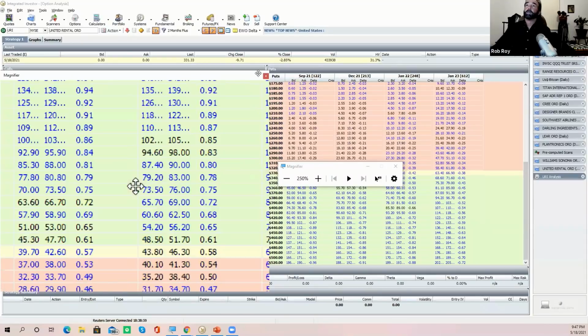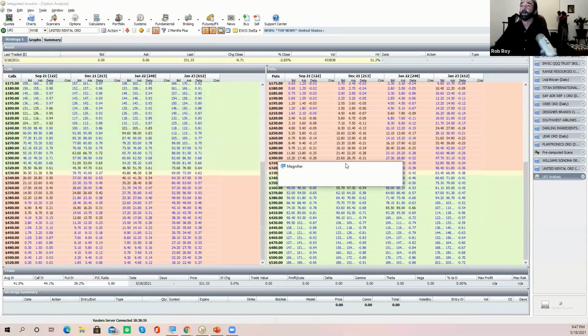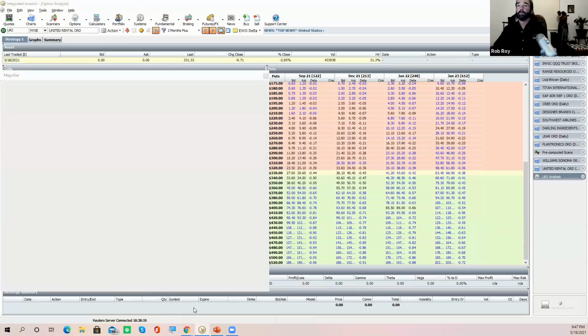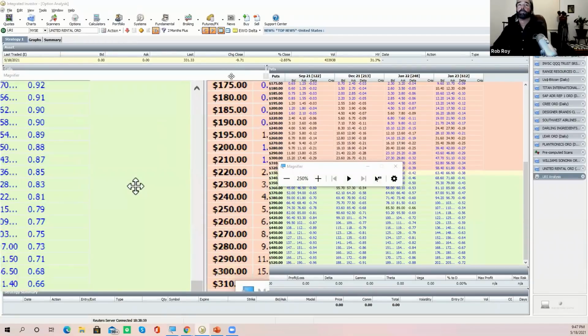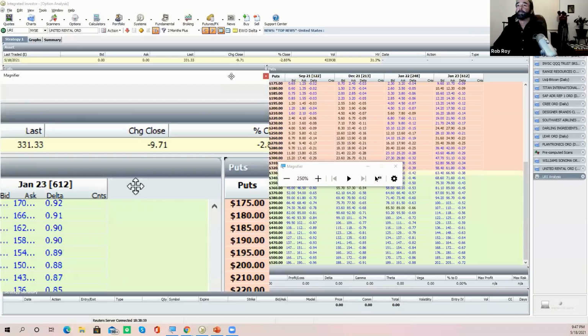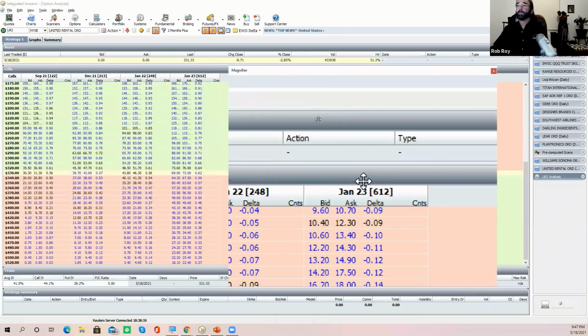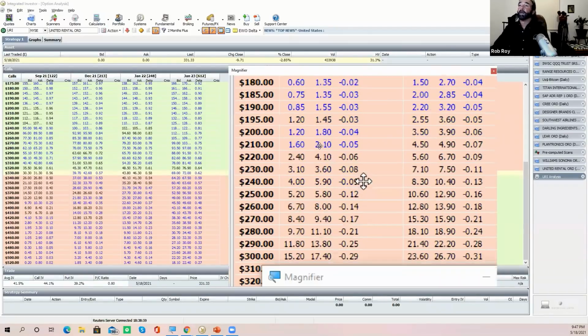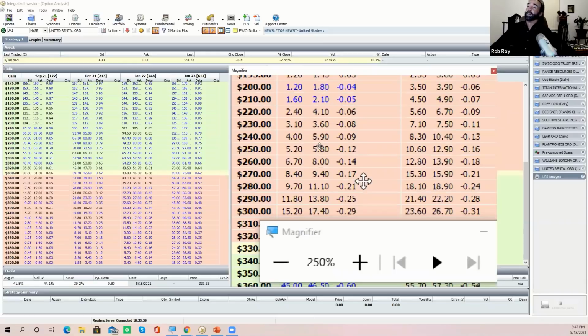Let's go over and see what's on the put side. So now we're looking for the minus delta. Yeah, they have both 21 and 25. Isn't that interesting?